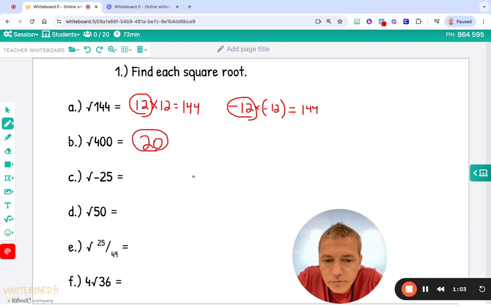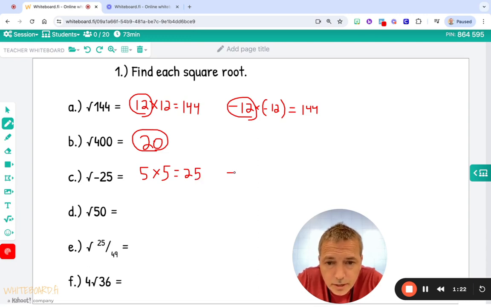The square root of negative 25. This one's a little tricky. Is there a number times itself that makes negative 25? Well, let's think about this for a second. 5 times 5 is positive 25, right? So that didn't work.